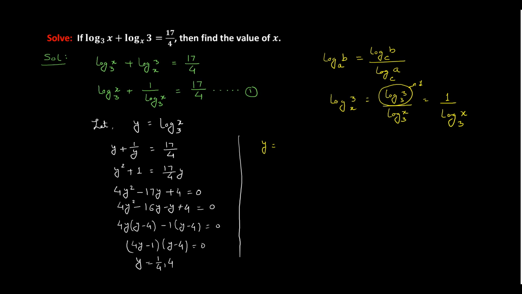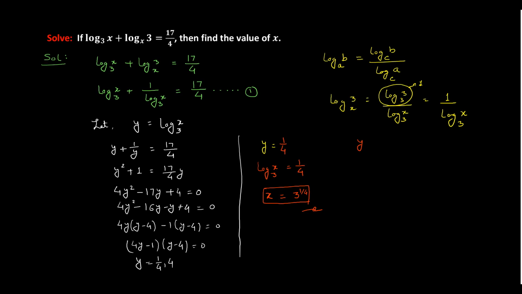If y is equal to 1/4, and we have assumed that y is equal to log of x to the base 3, equal to 1/4, we can write it as x is equal to 3 to the power 1/4. And this is one of our answers.